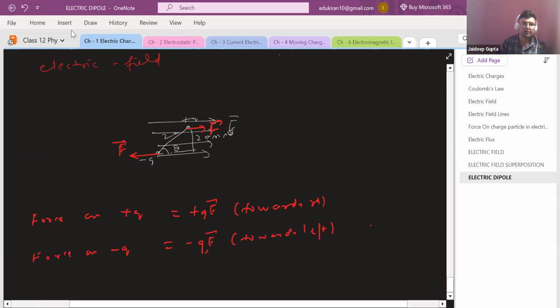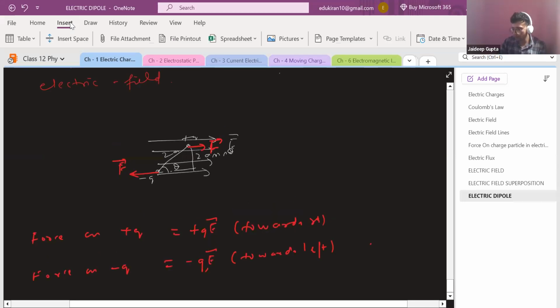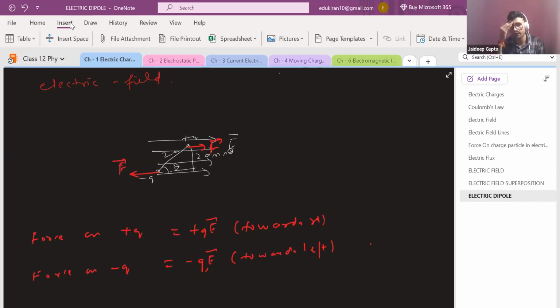Is it okay till here? Just remember, Iram, if I place a negative charge in an electric field, then it experiences a force in the opposite direction of the electric field. And if I place a positive charge, then it is in the same direction of it. Is it okay?